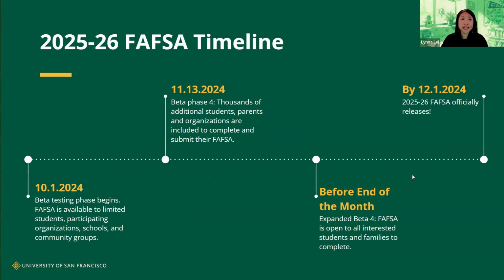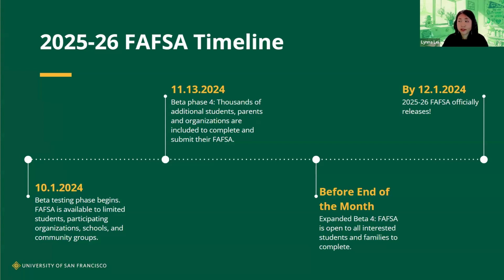So here is the 2025-2026 FAFSA timeline. Typically, applications do open October 1st. However, for this year, that's when the beta testing started. The FAFSA was made available to a limited number of students, participating organizations, schools, and community groups.